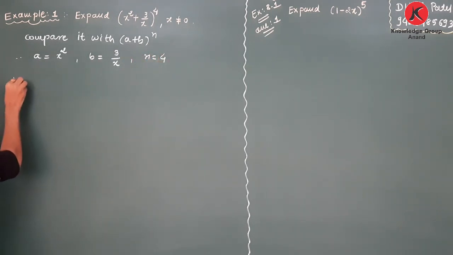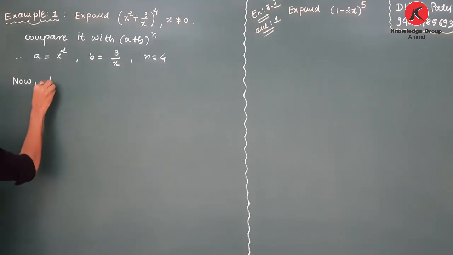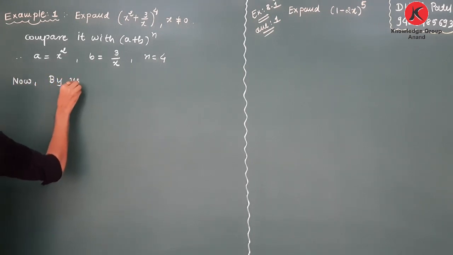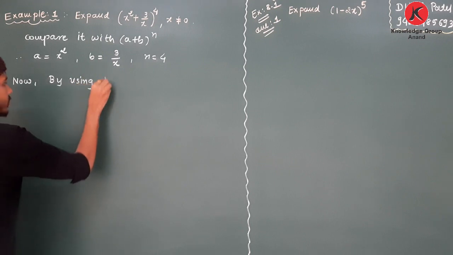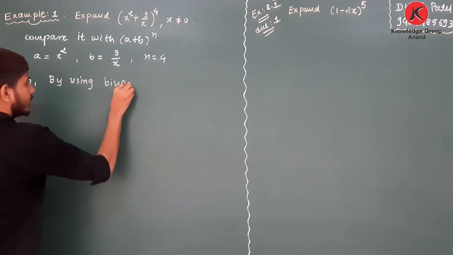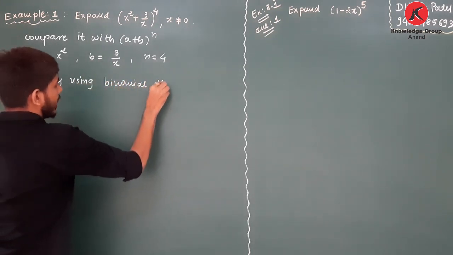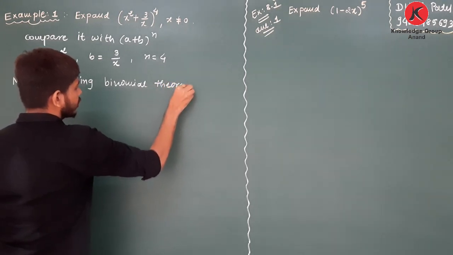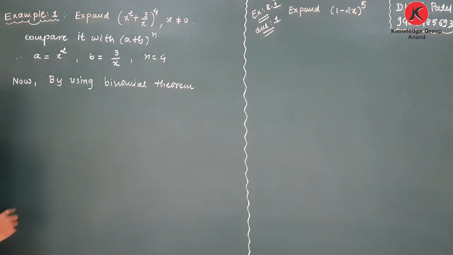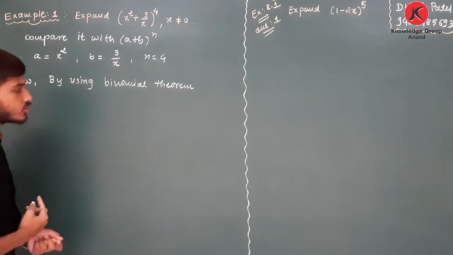Now, by use of the binomial theorem, we can expand this (x^2 + 3/x)^4.